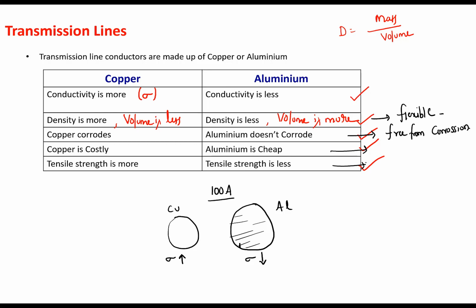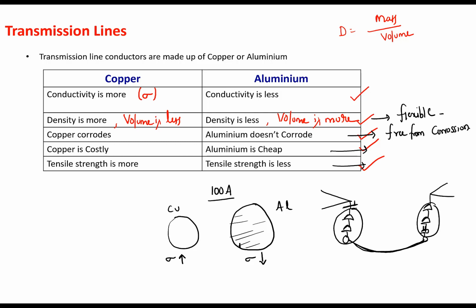So why is this bending property required? Because when you keep the conductor between two towers, we need a conductor that is flexible so that it can be strung like this. You cannot string an iron bar between two towers. Why? Because you require a very strong support structure, and moreover, when it does not have the flexibility, during summer and winter seasons, because of expansion and contraction, it will break.